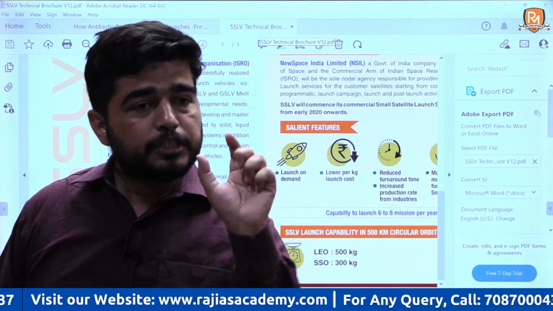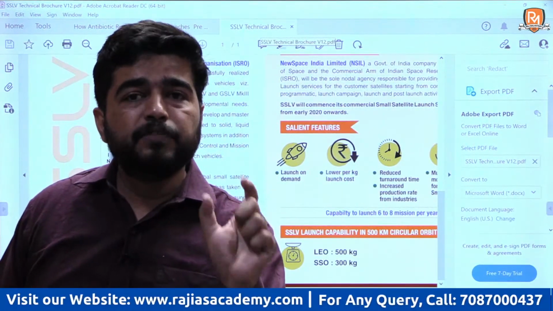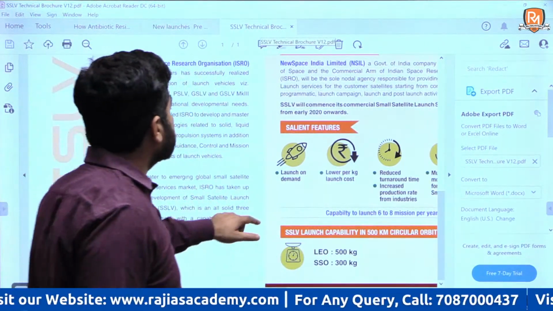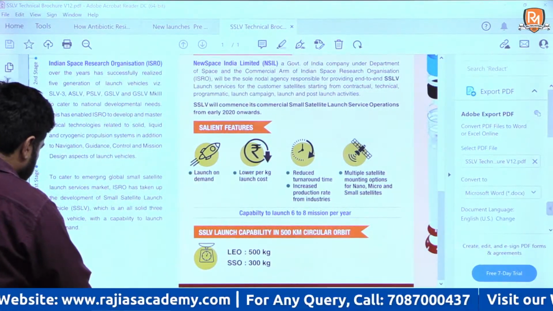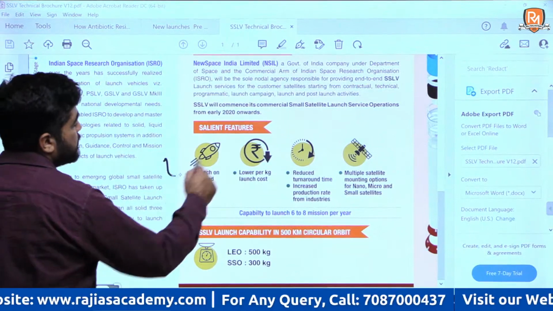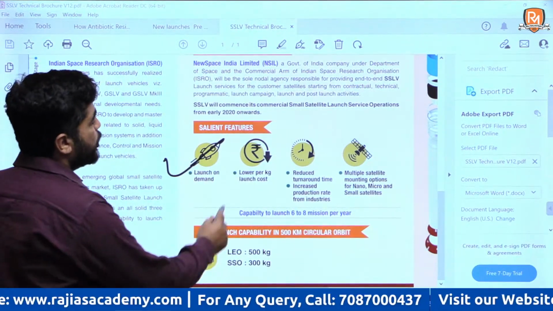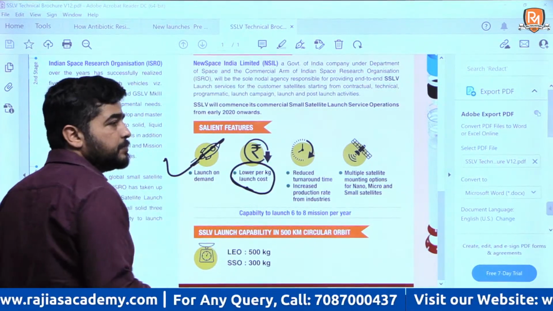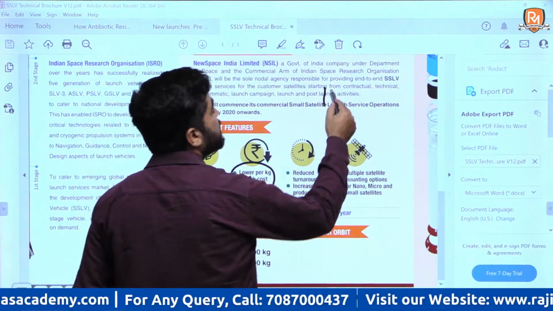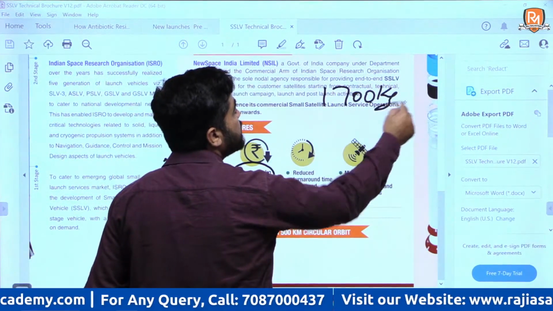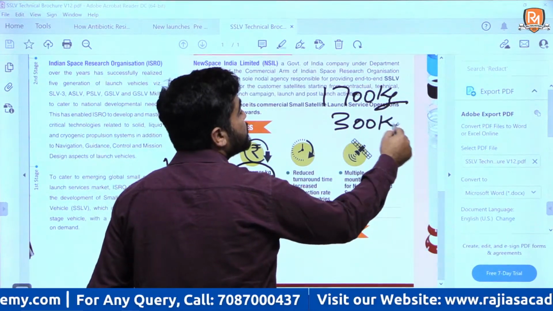So this small rocket has efficiency. It can be launched on demand because it is easy to assemble, with lower cost per kg. For example, if you are using PSLV which can launch 1700 kg for a 300 kg satellite, the cost is more.